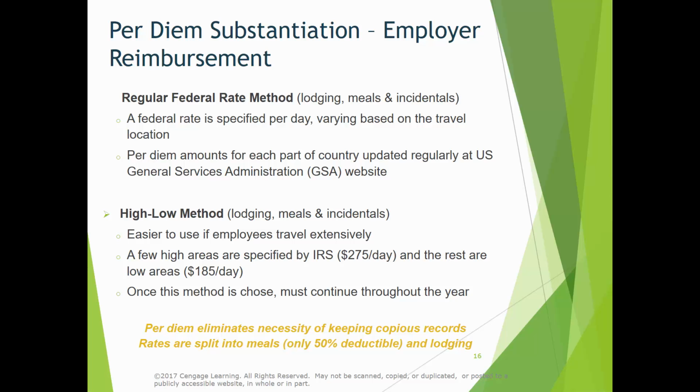If people travel a ton, it's very time intensive to look up every single market. High-low method's way easier. It says everything's low except for these 10 markets, and it's just what you imagine, like San Francisco and Manhattan and LA and Seattle, high price places. So per diem eliminates the necessity of keeping copious records. Your rates are split into meals and lodging, and the meal rate they give you, you still have to multiply by 50%.